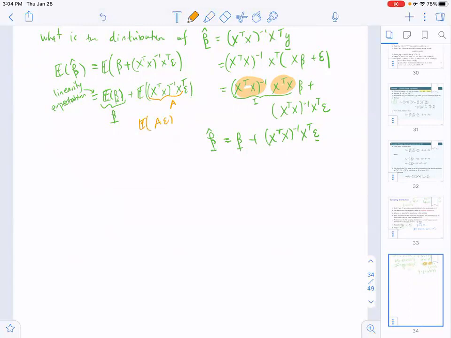A is non-random, so this would be equal to A times the expectation of epsilon, because X is not random. Now the expectation of epsilon is 0, so this whole thing would be 0. Right, so that's how you do it.